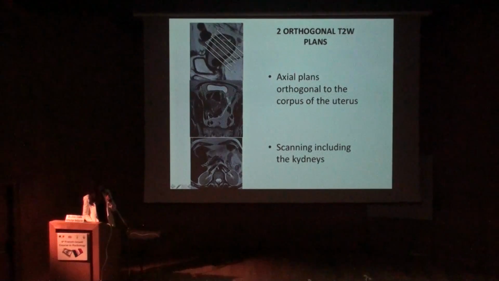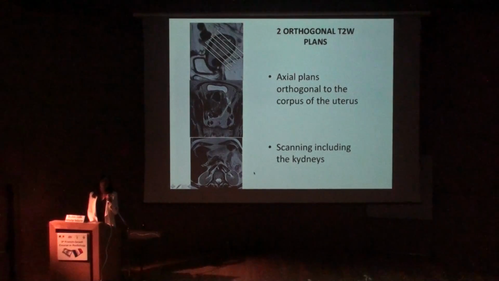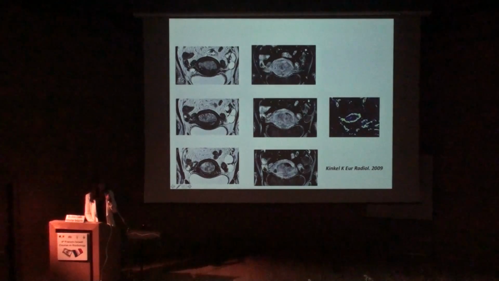And as we said for the cervix, it will be necessary to have a large field of view of the kidneys. When you perform the other sequences, you compare the three sequences: the T2, the DCE, the injection of gadolinium, and the diffusion.